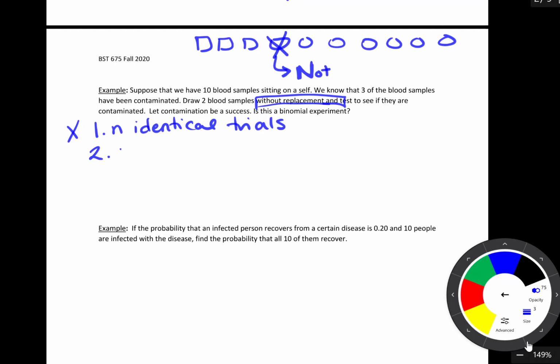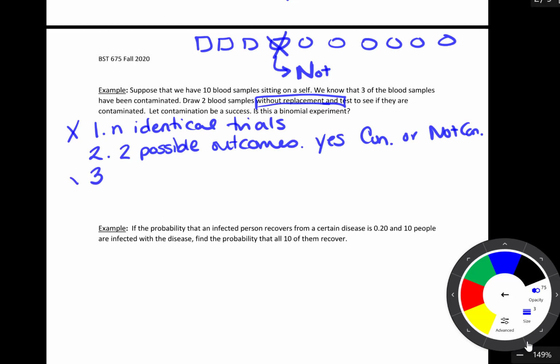Do I have 2 possible outcomes? And the answer here is yes. We have contaminated or not contaminated. So that one was satisfied. We need the probability to be the same from trial to trial.